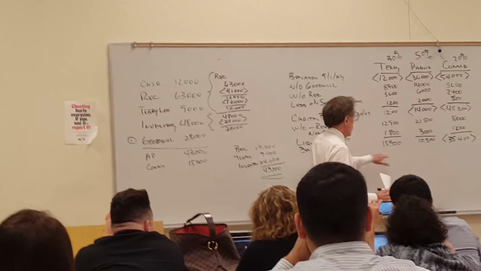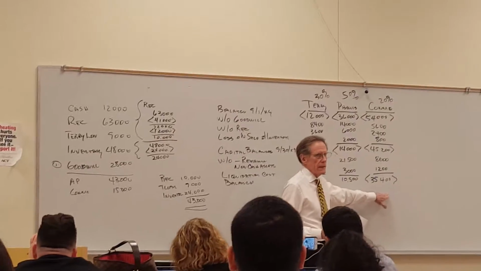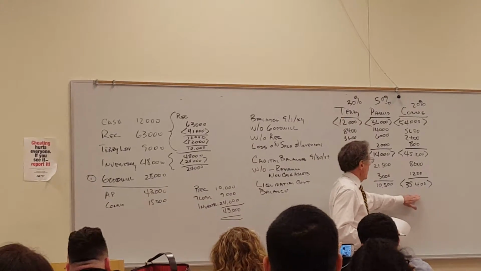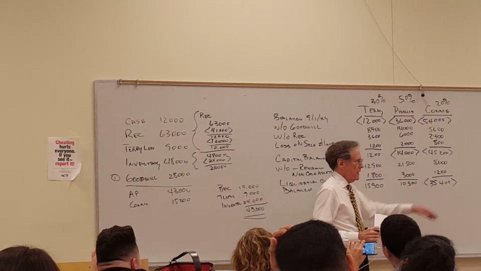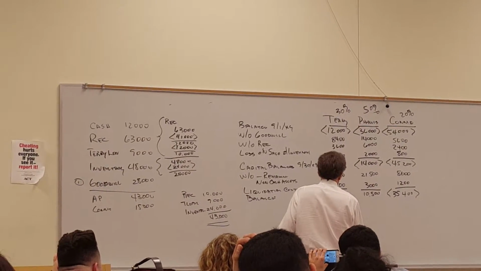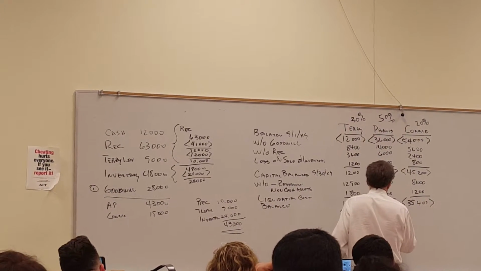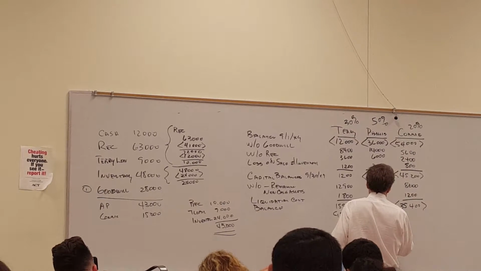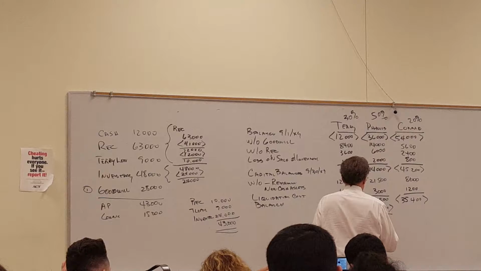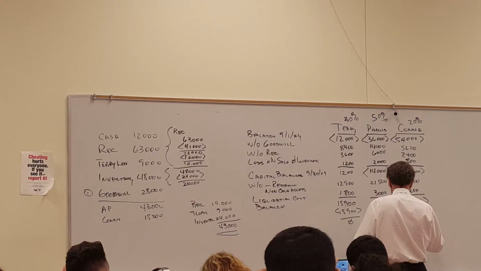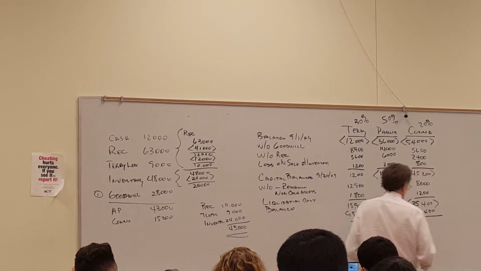Now, we can't distribute to people that have negatives, and to determine whether we can distribute anything to Connie, we have to pass their negatives over to her account. So we will take the 15,900 of Terry, the 10,500 of Phyllis, and the total of those two is 26,400, which comes over to Connie.